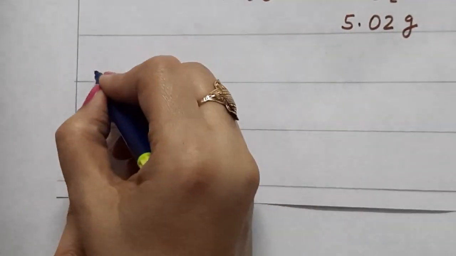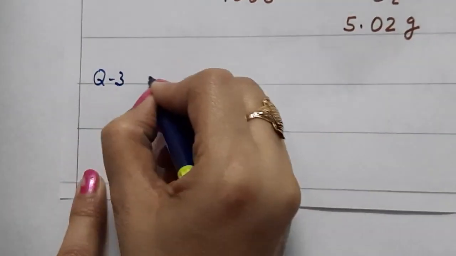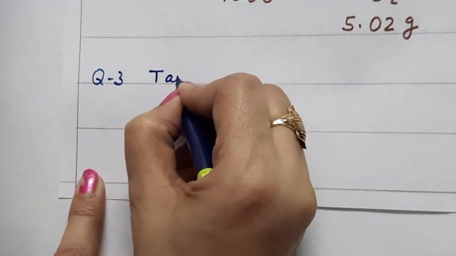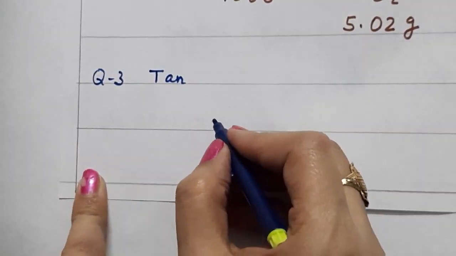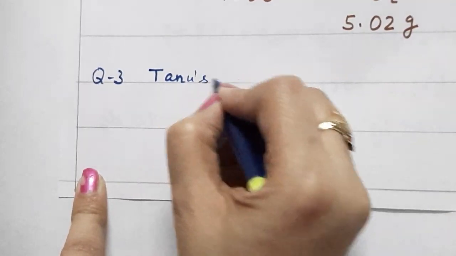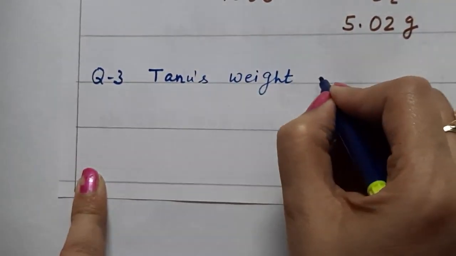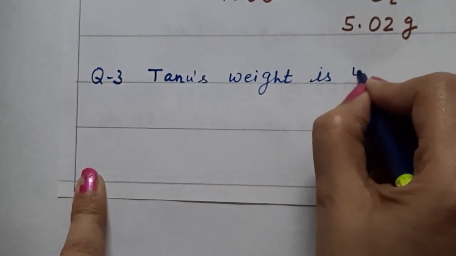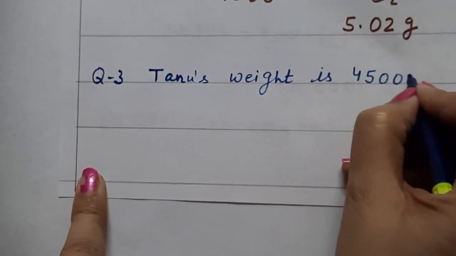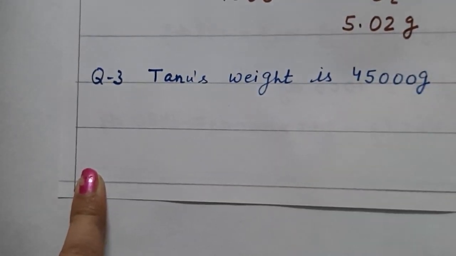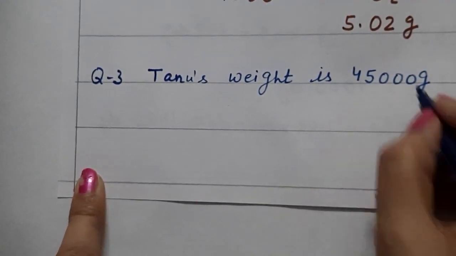Now we will do the next question. Question number 3. Tanu's weight is 45,000 gram. What is her weight in kilogram?